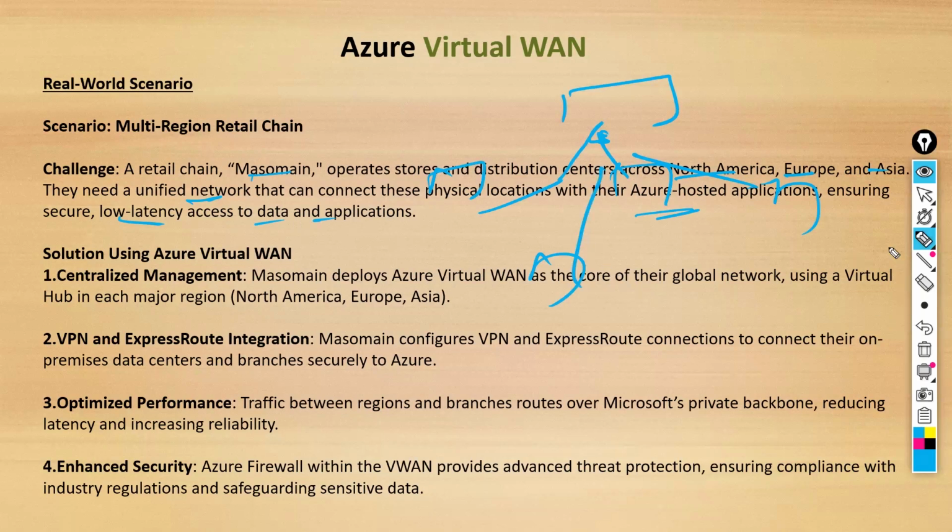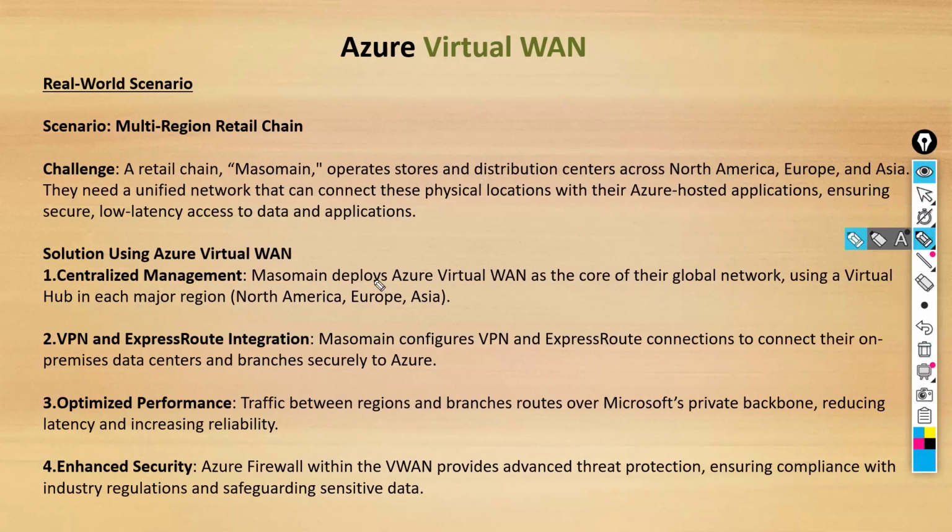Now, what I can do here is utilize my VWAN service. With VWAN, the first thing I get is centralized management, so that requirement is met. I can use VPN and ExpressRoute, so the different VNets and VPN sites will connect with that VWAN. Enhanced security is also there, since I'm introducing a firewall with my VWAN.